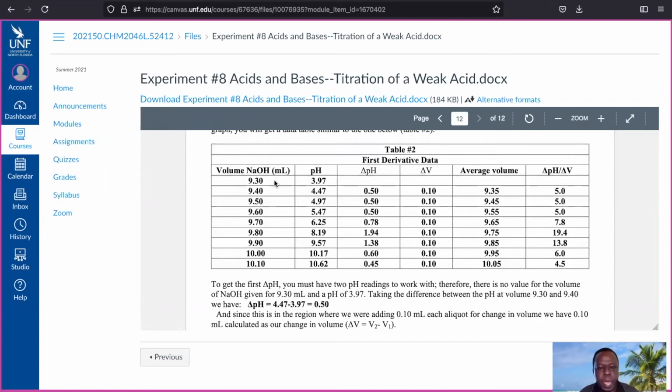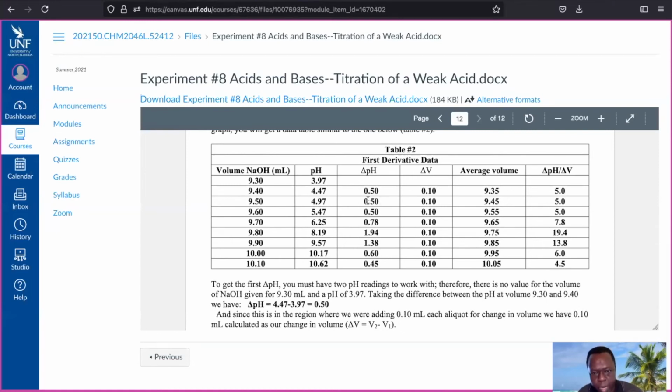You'll find the pH, this is 1 ml. Now, change in pH and change in volume, this minus this. In this case, there is nothing to subtract with for 3.0. So 4.47 minus 3.97 is 0.5. Then 4.97.